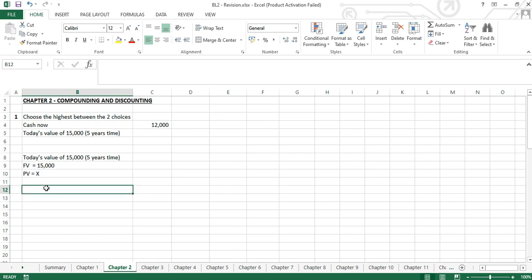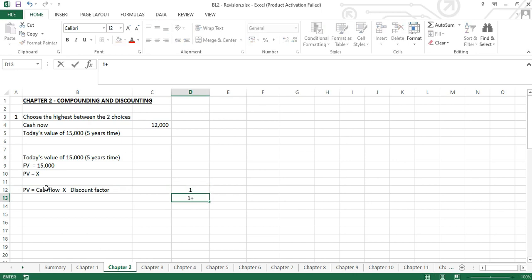So now we should know our present value formula. Present value is the cash flow multiplied by the discount factor. The discount factor equation is 1 over 1 plus R to the power n, right?